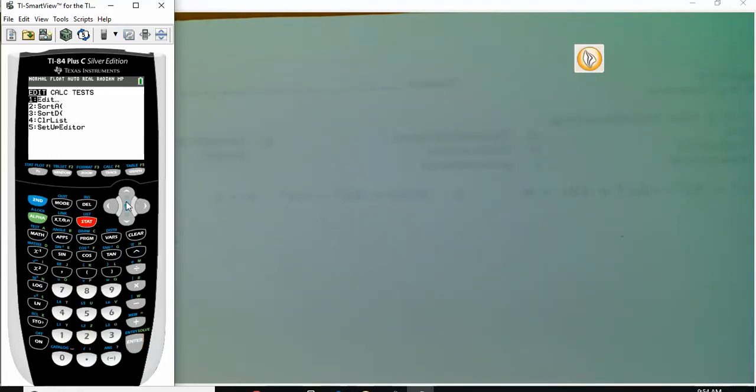Then, if you go to calculate, these are linear points. We're finding the regression line. So we want number 4, linear regression.